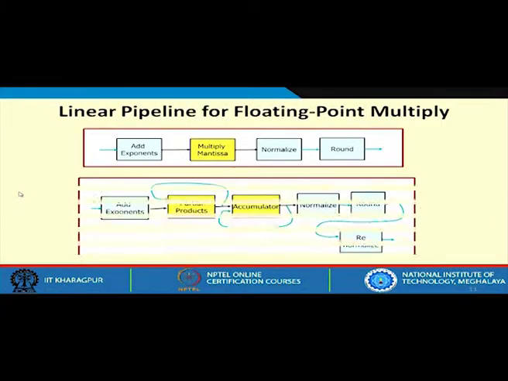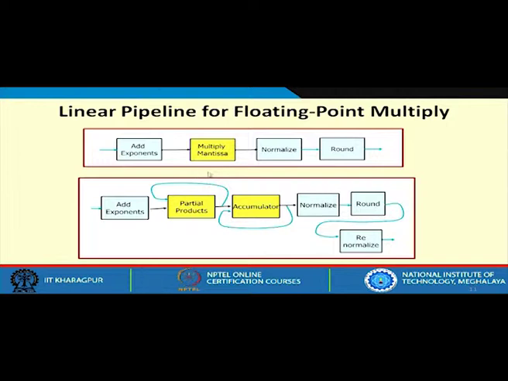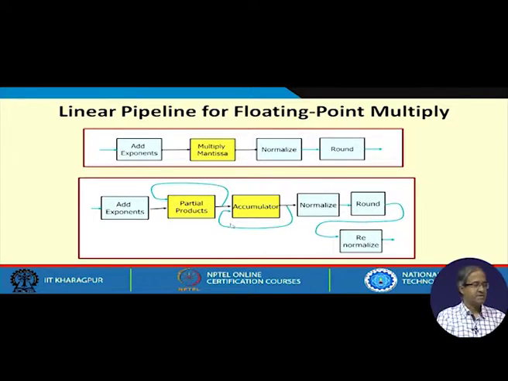So, a technically more correct visualization will be something like this. Multiply mantissa, you can break it up into two boxes. One is the generation of partial products, this also will be an iterative process, and for every iteration you will be doing an addition, you will be accumulating the partial result, partial sum. Okay.